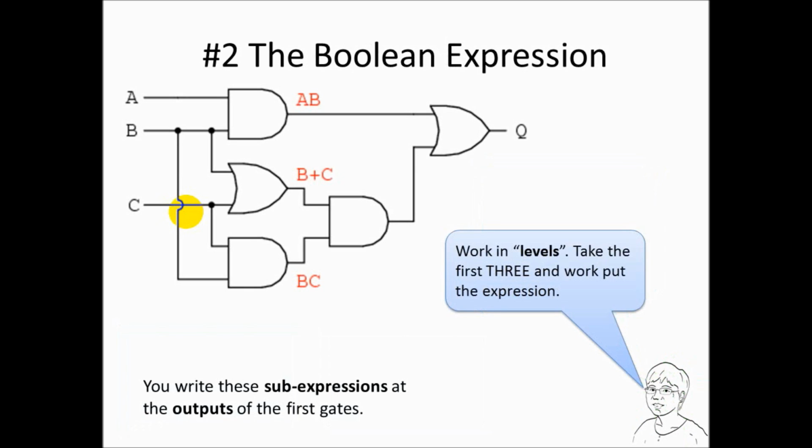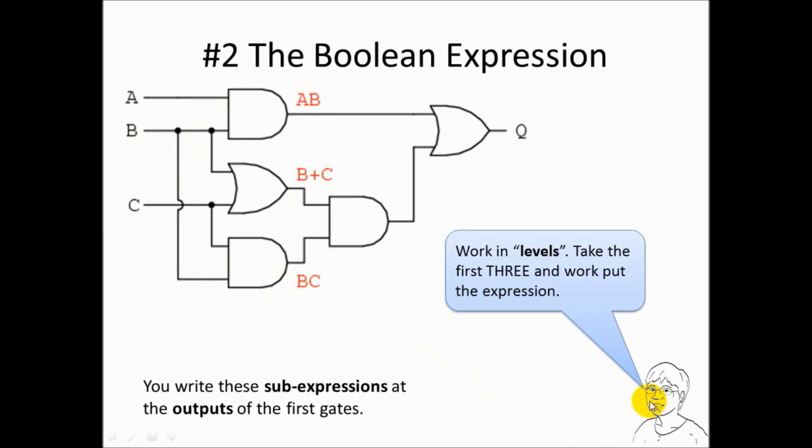Step 2. Deal with the first level. So the result of this is A, B, or A dot B. The result of this one here is B feeds into it and C feeds into it. So it's B and C. And this is B or C. That's our first level.